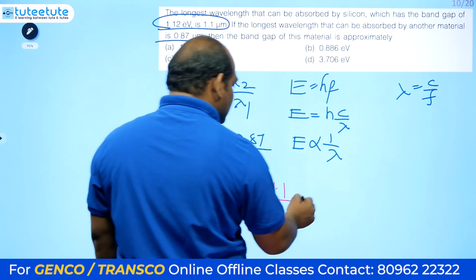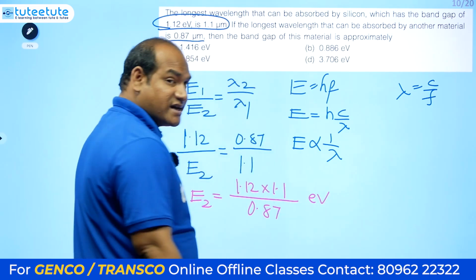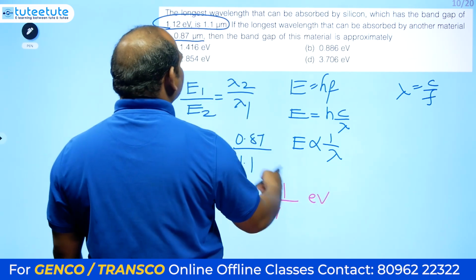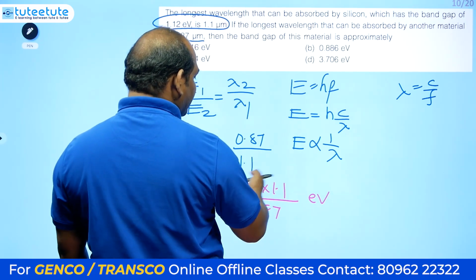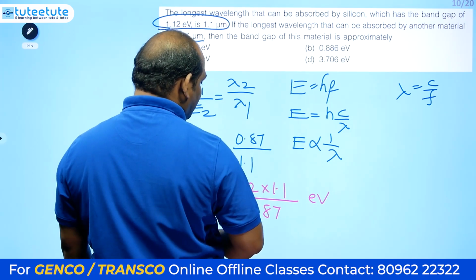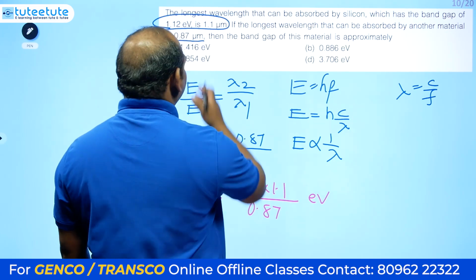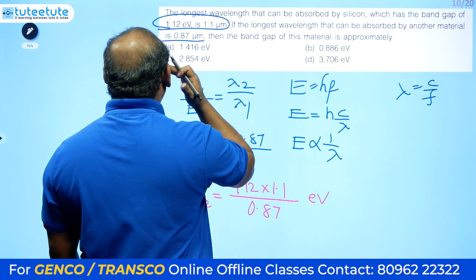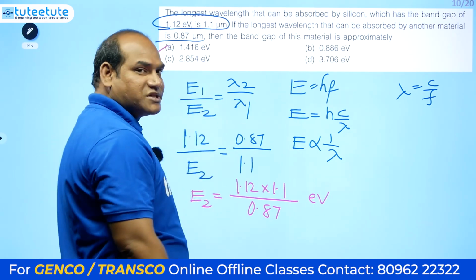The result will be in electron volts because it is energy. Numerator is higher and denominator is lower, so surely you will get greater than 1, and this is nearly equal to 1.5 only, so you will get option A.